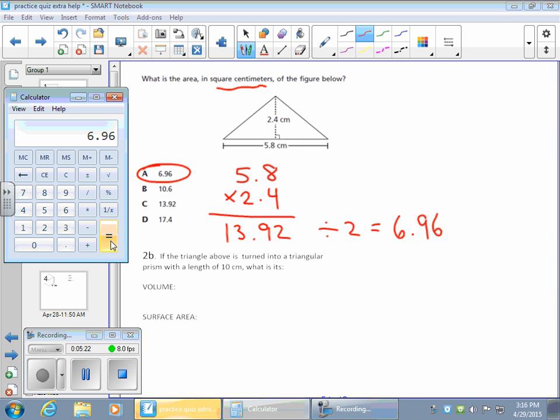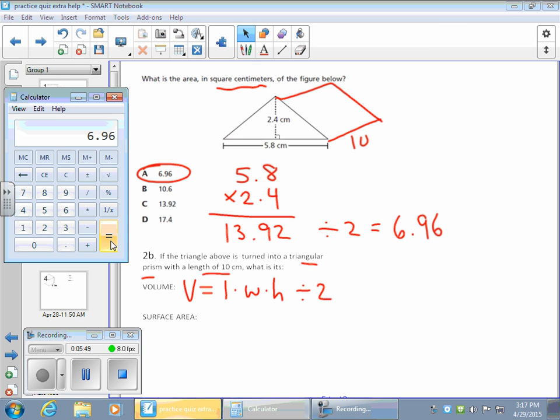Now 2b says if you turned it into a triangular prism with a length of 10, so that means we have to make it go back now and have a length of 10. What's the volume? Now remember, volume equals length times width times height. But wait a minute, it's a triangle, so divide by 2.